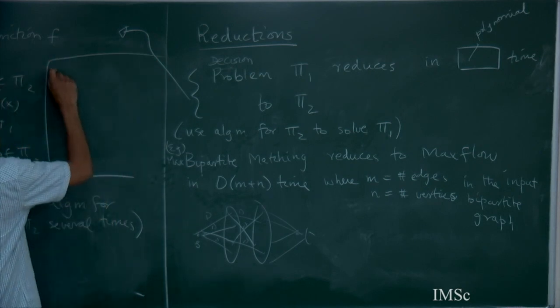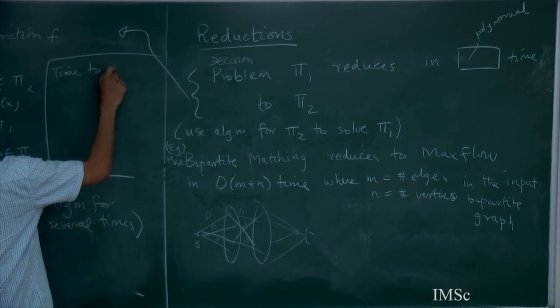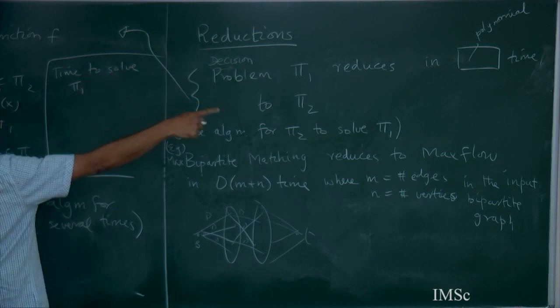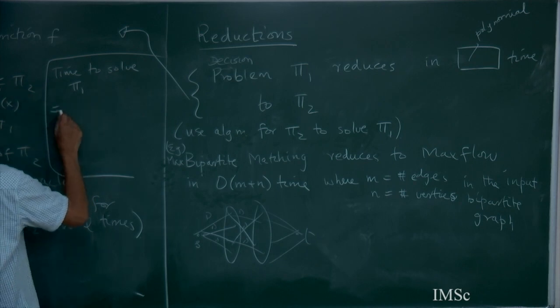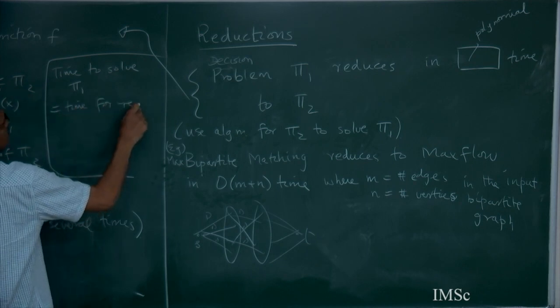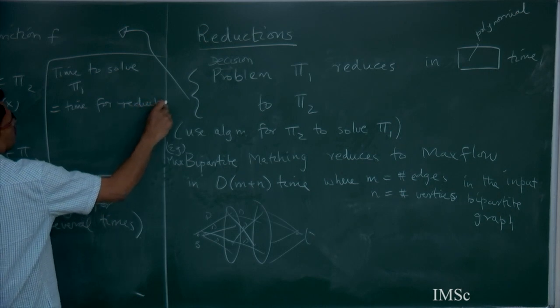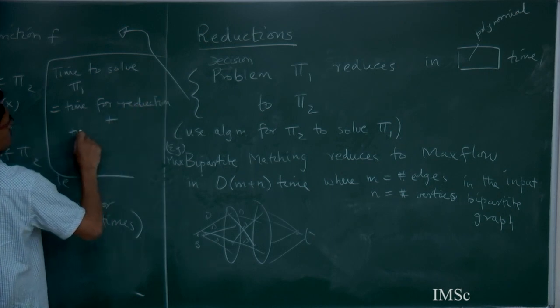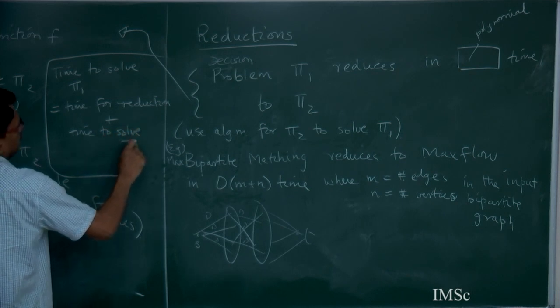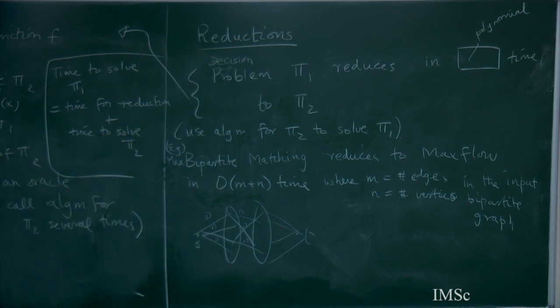The overall time to solve my problem pi 1 in this Karp reduction is equal to the time for reduction plus the time to solve pi 2. Because I take my instance of pi 1, reduce it, apply the pi 2 algorithm and solve it.